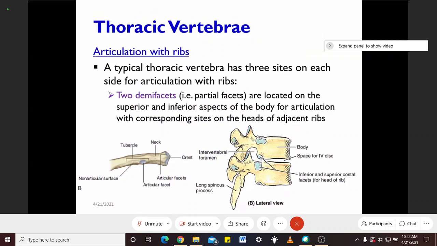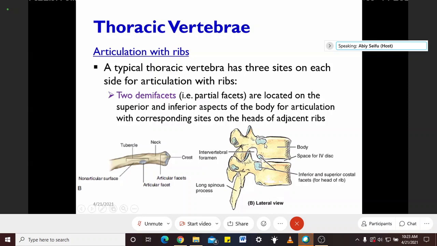Now, modes of articulation of the ribs. The thoracic vertebra specifically has three articulation sites on each side. One is the superior articular facet, and the inferior articular facet, and the other is on the transverse process.